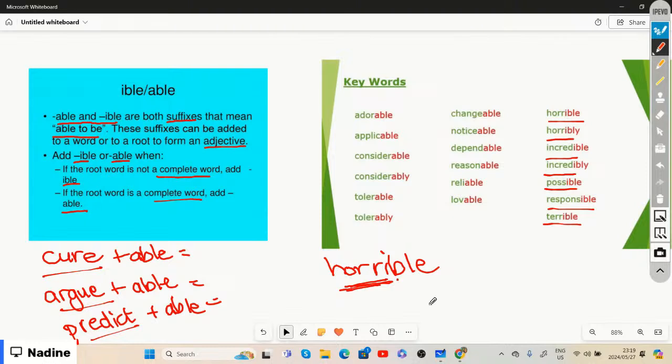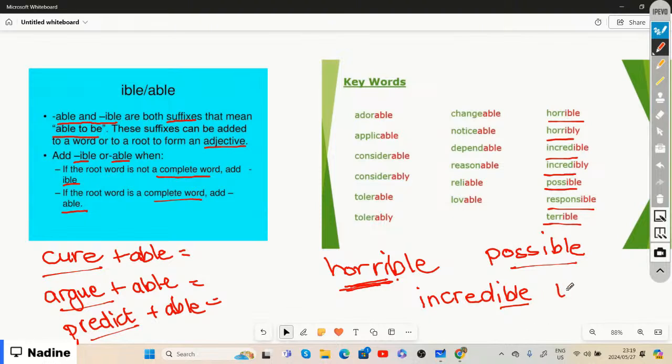The same with incredible. Incred, it's not like we say short for incredible is incred, because this word ible, it completes incredible, the word incredible. The same with possible, right? It's not like we can say the root word is pos, right? So ible completes that word possible.